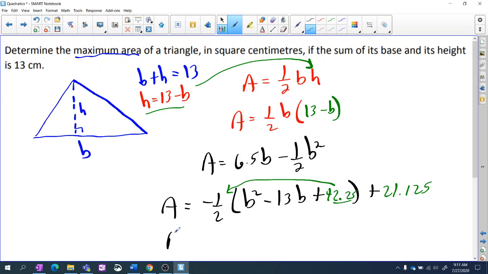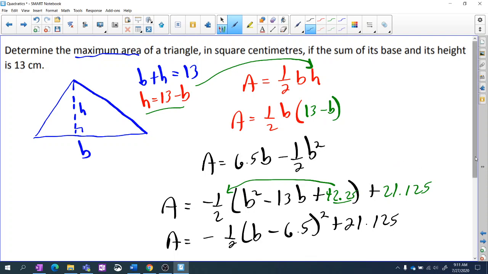Here we are in vertex form now. Negative 1/2. Square root of the first, sign of the middle, square root of this one, plus 21.125. Write out your vertex.